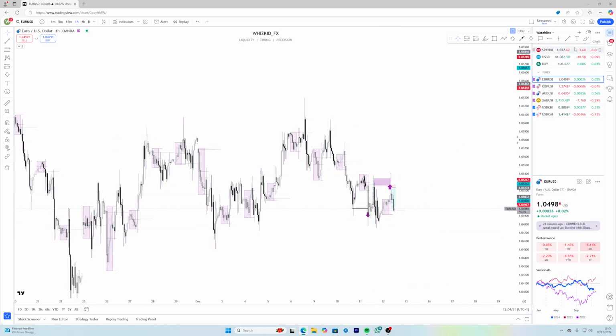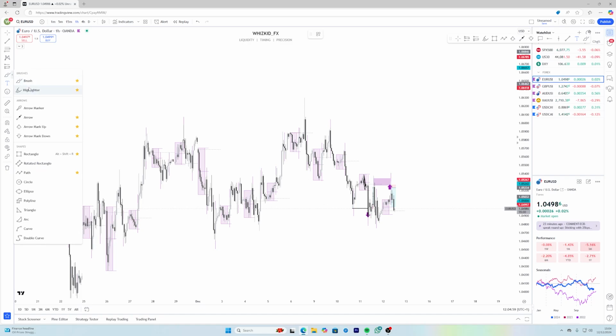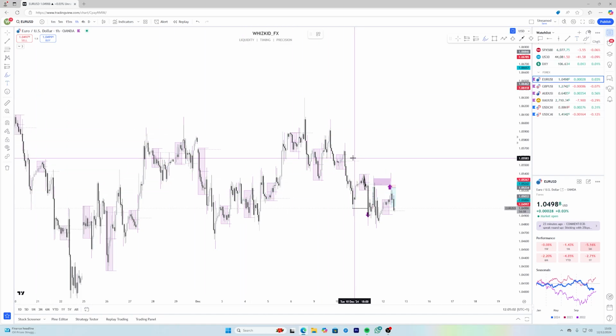I can clearly see my structure, let me see if I can find, yeah, highlight. I can clearly see my structure making lower high and lower low, lower high and lower low, right?